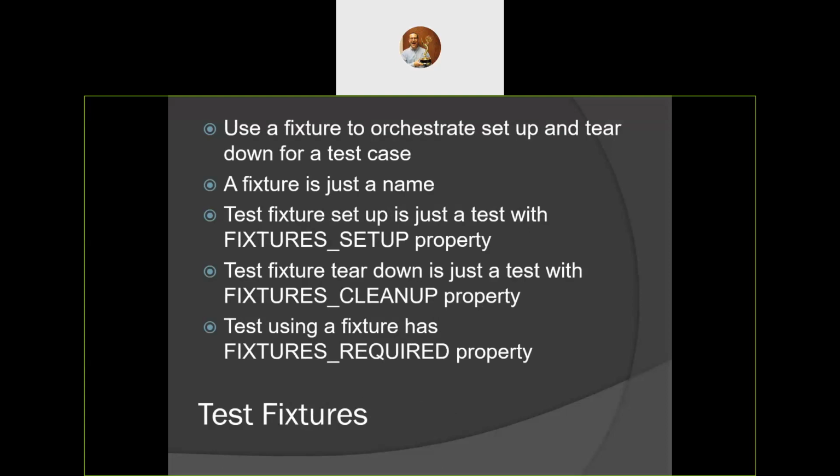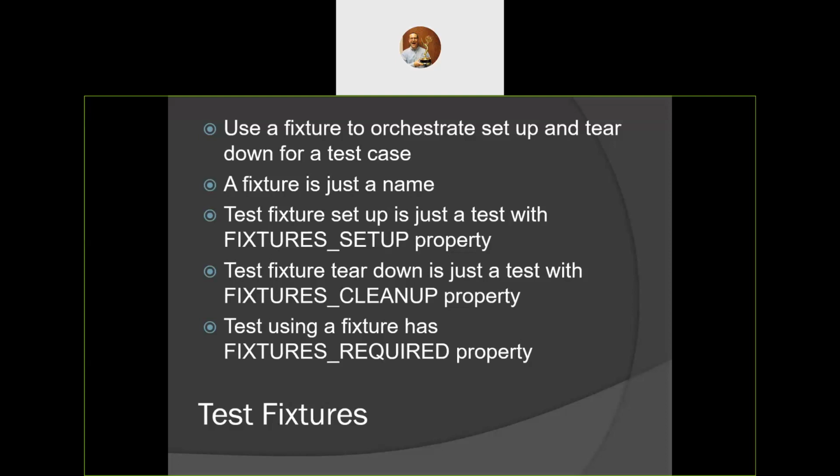If you do need a gating factor, then CTest provides a thing they call test fixtures. And in this case, a fixture is just a name that is used to coordinate how setup, teardown, and test execution is managed between a set of tests. If you put a fixtures setup property on a test, then that command, remember tests are just commands, is considered to be a setup command for any test using the fixture.